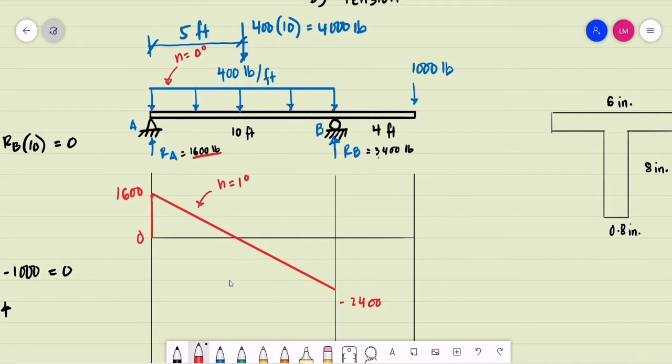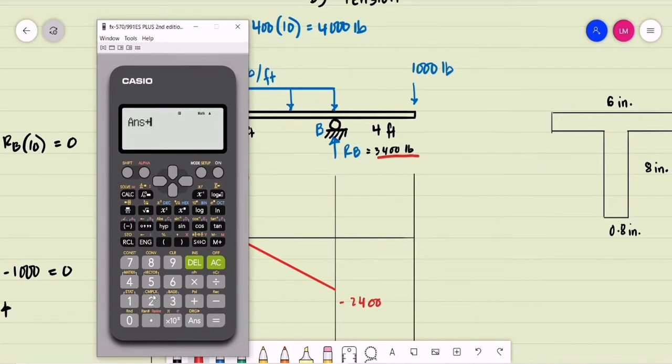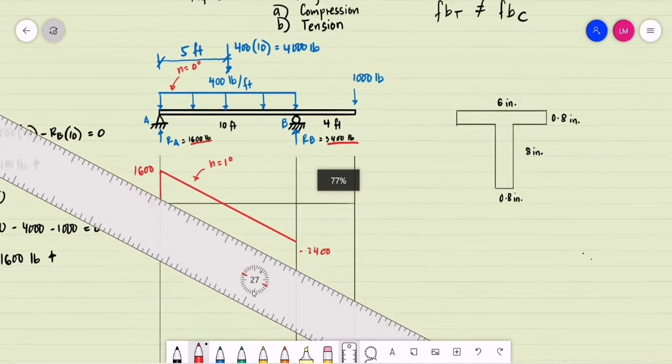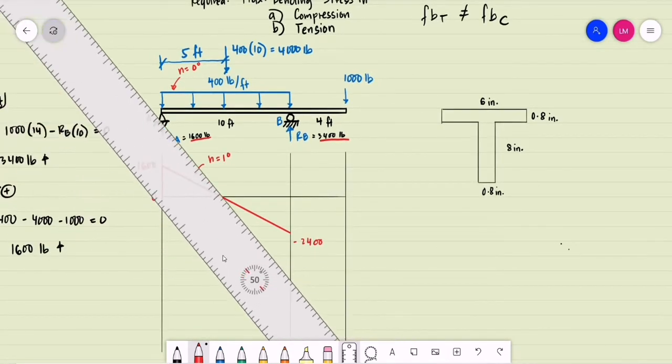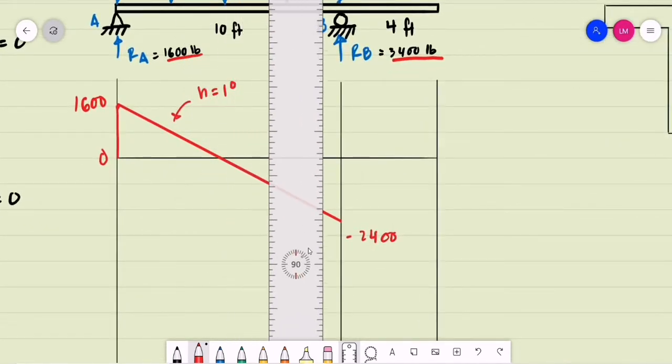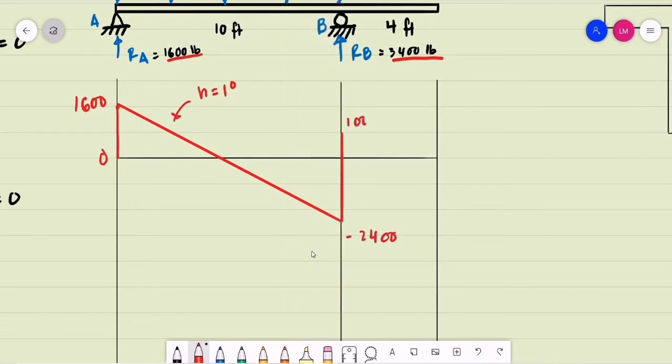Again, the degree of this graph is first degree. Then at point B, we have an upward reaction of 3,400. We do the summation: negative 2,400 plus the support reaction of 3,400, we have positive 1,000. So from negative 2,400, we go up to a value of positive 1,000 pounds.